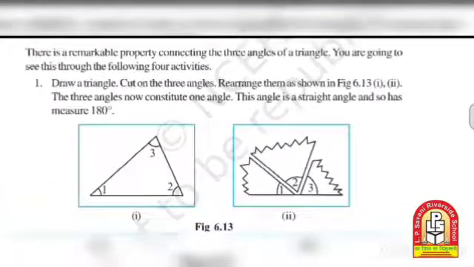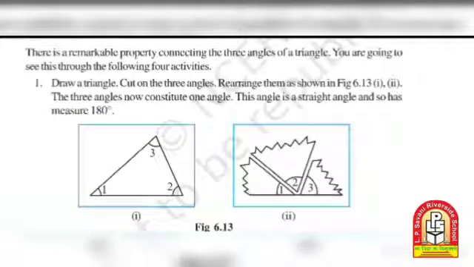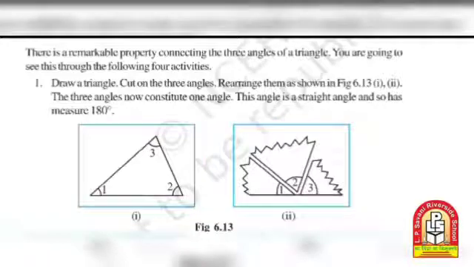So the first activity is to draw a triangle like this. Cut out the three angles and rearrange them as shown in the figure. You have to cut those three pieces and join them like this: 1, 2 and 3.